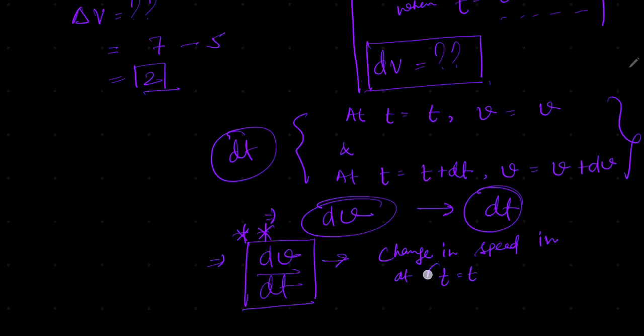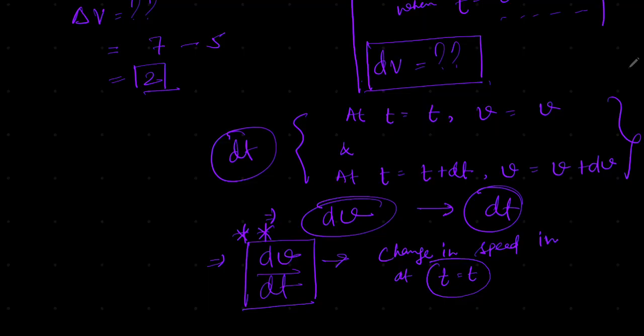Why I'm saying? Because dt time is very small. So basically, if you want to go mathematically, dv by dt is basically the rate of change of speed with respect to time.